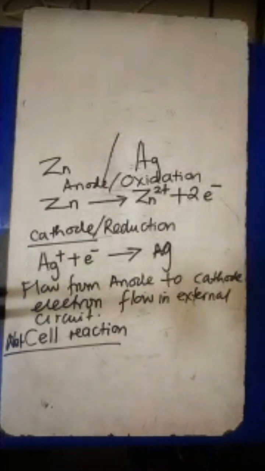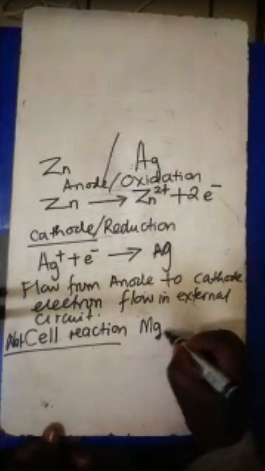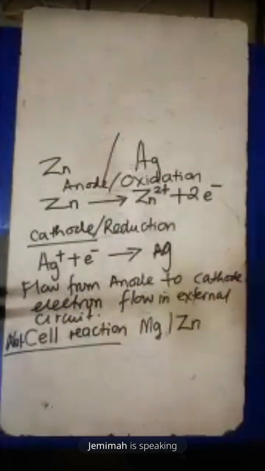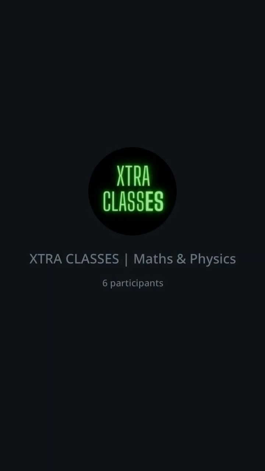Before I do this one, I want you to check for me. Let me start with the simple one: Mg and Zn. Which one is the anode? Which one is the cathode? We are on table 4B.